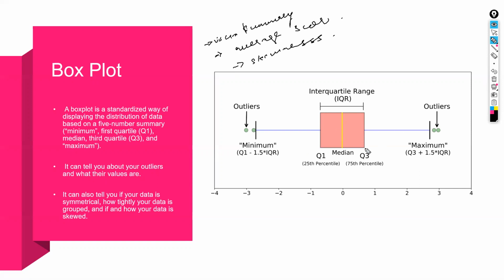Now, the shape of this box plot will show if statistical data is normally distributed or skewed. I'll draw three box plots here.